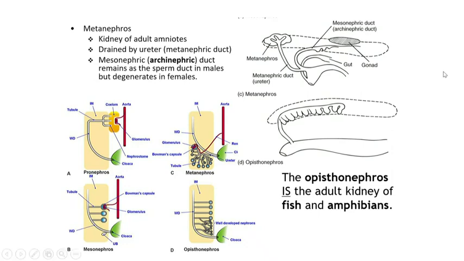And so the number one take home, how closely related the development of the kidney is to the development of gonads, both ovaries and testes. But secondly, how interesting it is that when we look at the development of the mammalian kidney, we're essentially looking at evolution.